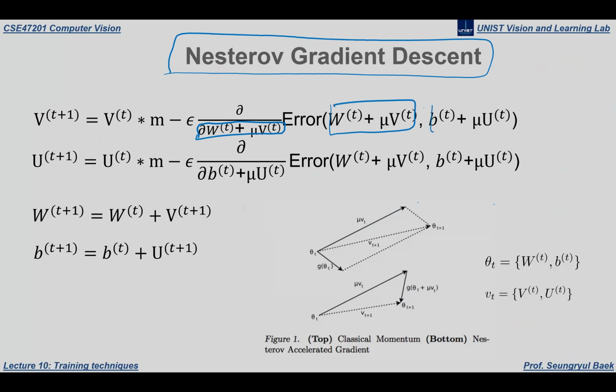They want to differentiate the loss with respect to the already updated parameters rather than the previous parameters which only have W. So now in Nesterov gradient descent, they want to get this dL/dW not for the old parameter, but for the momentum-added parameters.